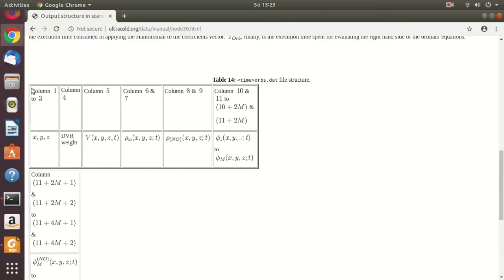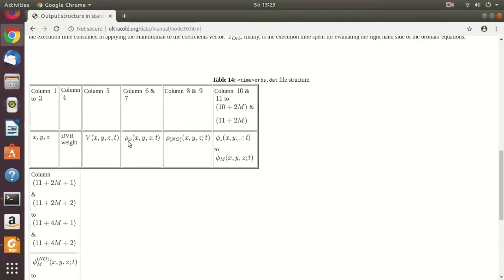We can see that the first column is x, the position, and the fifth column is the current one-body potential V, and the sixth column is the current density distributions.